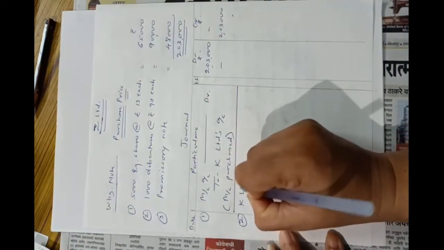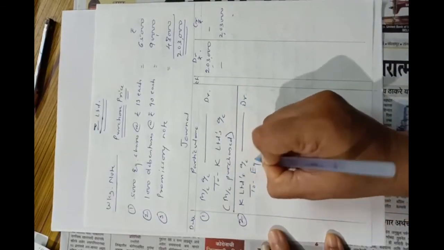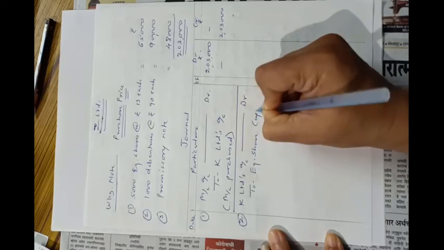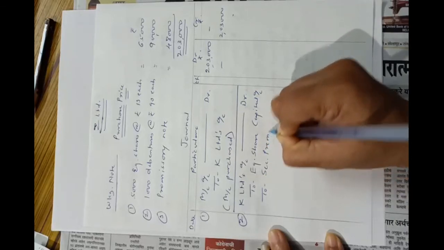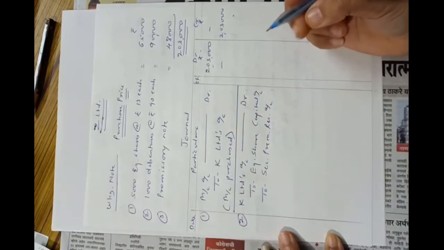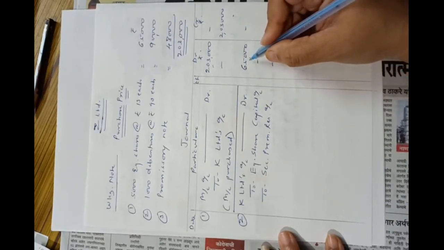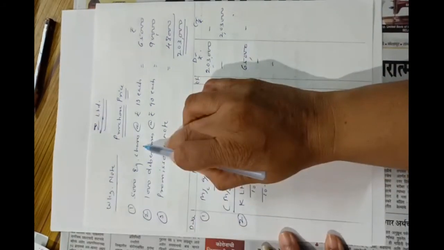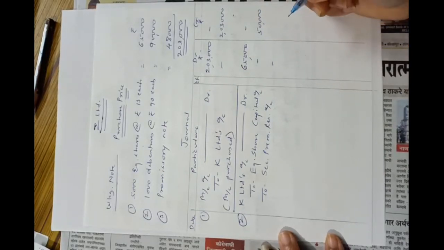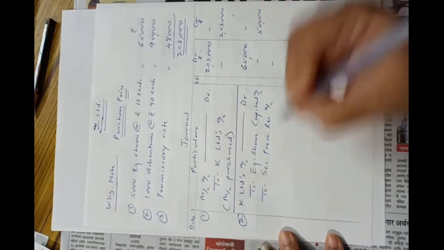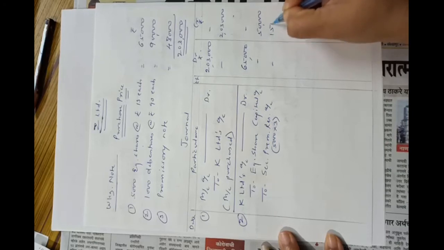So entry will be K Limited's account debit, to equity share capital account, to securities premium reserve account. Okay, total amount payable is 65,000. From that amount, 5,000 equity shares into the face value rupees 10, that is 50,000, will be share capital, and 5,000 equity shares into rupees 3 premium, that is rupees 15,000, will be securities premium.